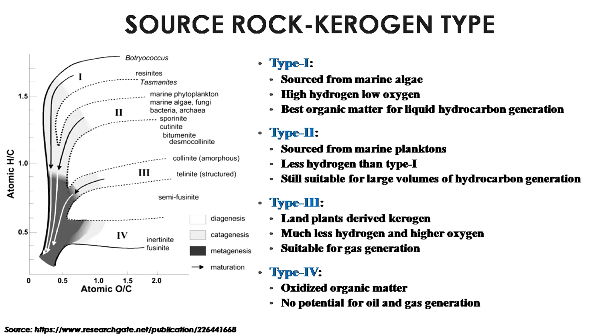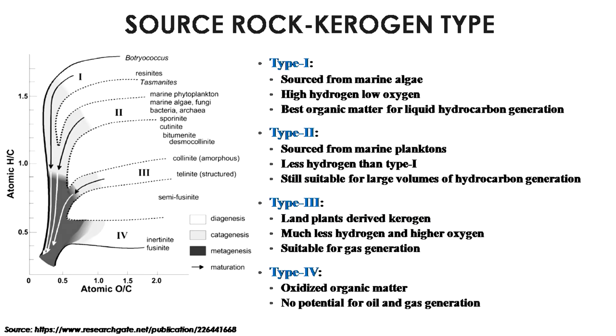Kerogen type 4 is basically not useful for our purpose. This is the kerogen that forms when the organic matter gets exposed to oxygen or the organic matter is oxidized. So, kerogen type 4 has no potential to generate oil or gas even if you expose it to the right kind of temperature.